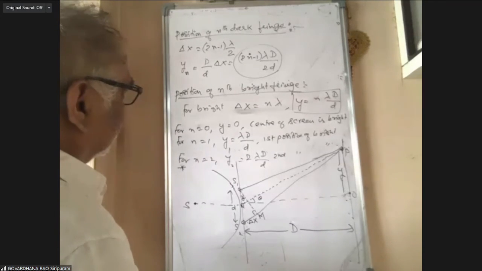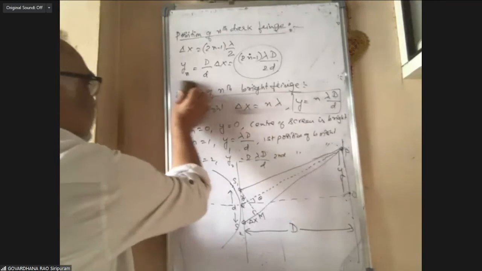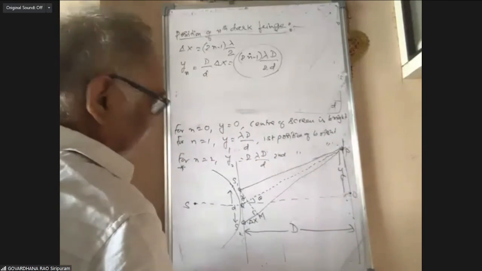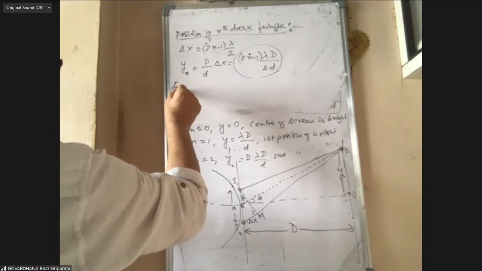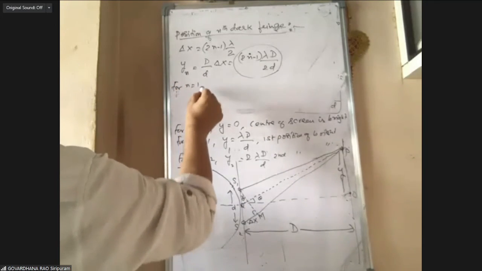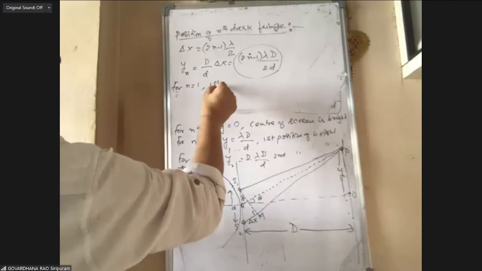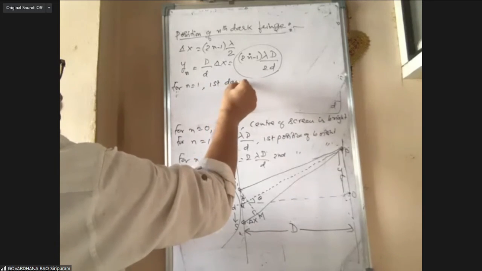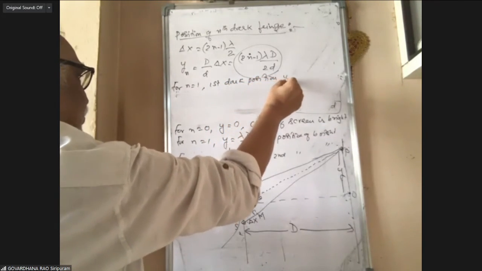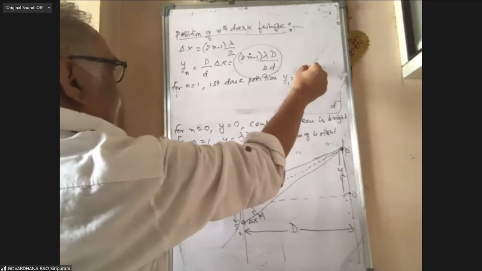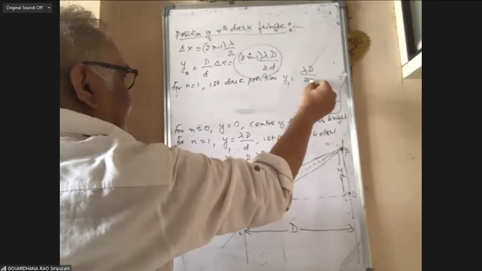The first dark position, for n equal to 1: y1 equals lambda D by 2d.